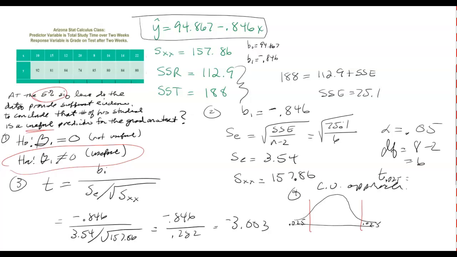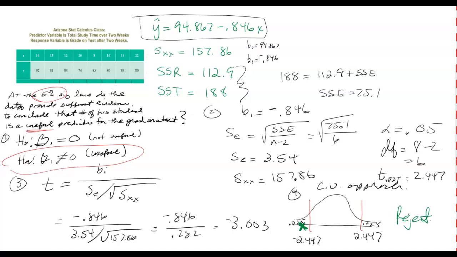Please take a look at your t-table to make sure you know where that is. I'm getting 2.447. You go ahead and put that in the positive and the negative. And then we can see that our test statistic of -3 falls just in the rejection region.